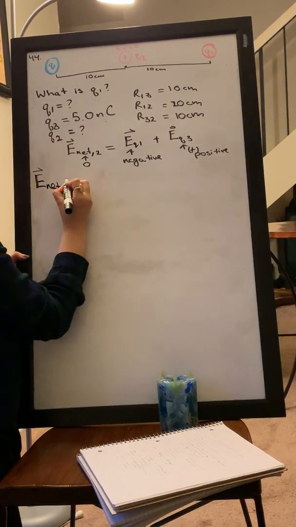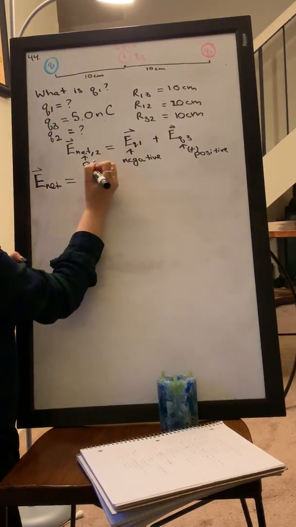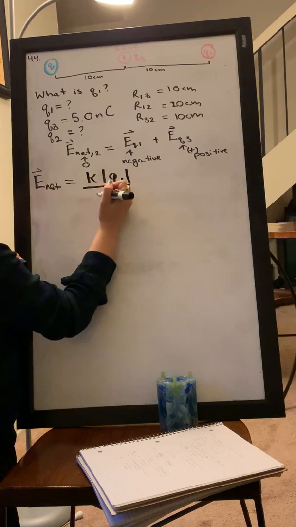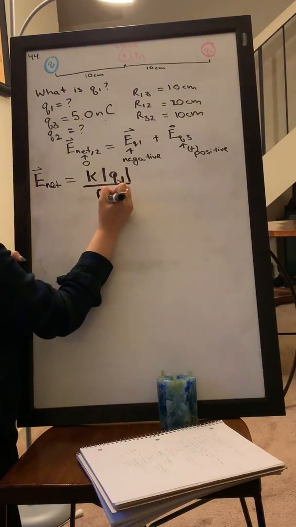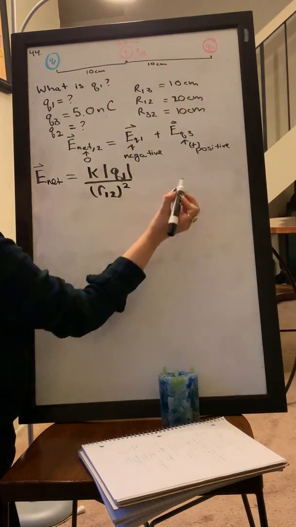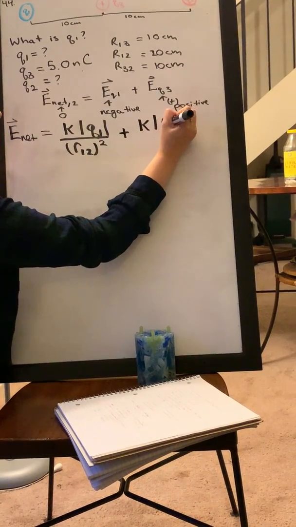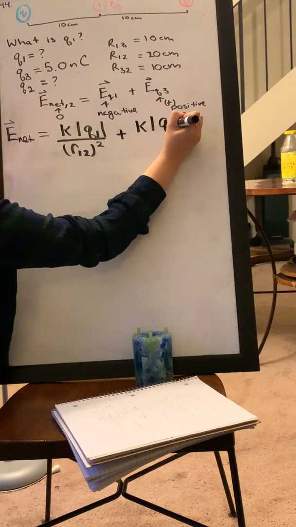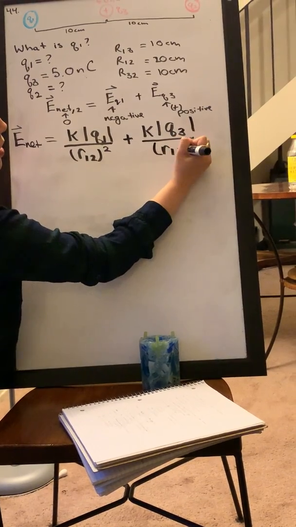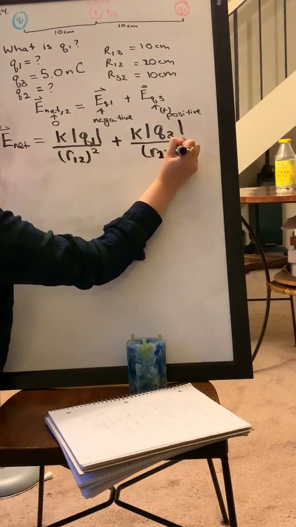E net is equal to E Q1, which is equal to K times the absolute value of Q1 over R12 squared, the distance between 1 and 2, plus K times Q3 over R23 squared.